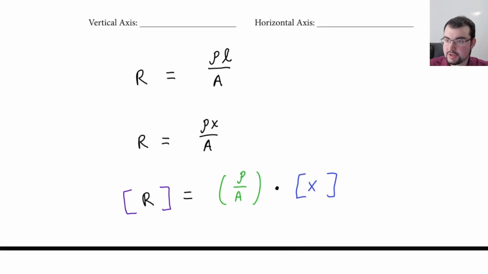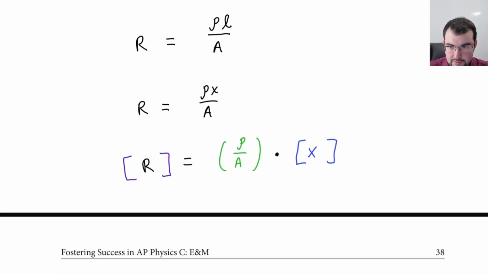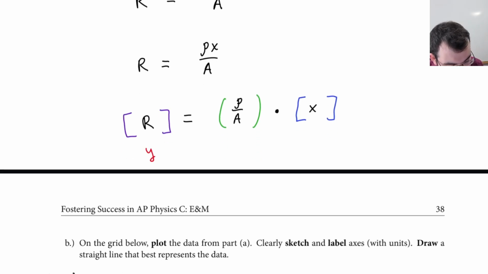So notice here, just for consistency, we're going to keep this as x. We're going to call this rho over A. I just like to match my colors like this. So what this does for us is, notice we can now write this as y equals m times x.